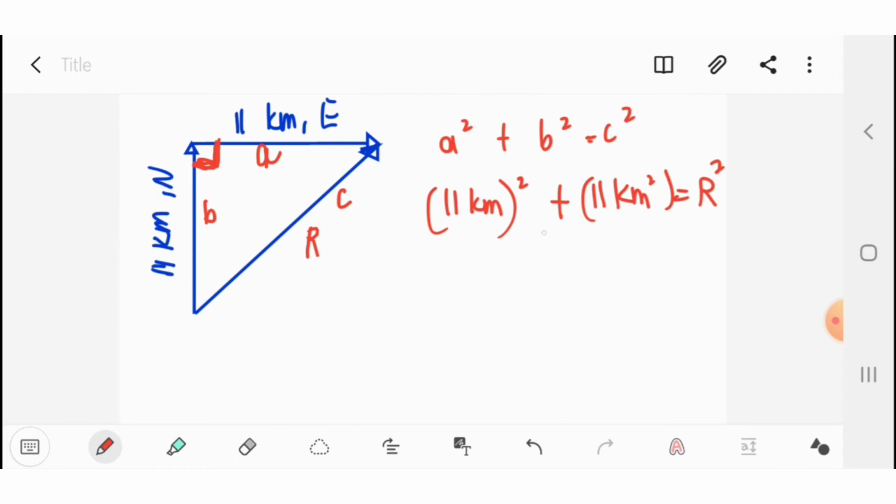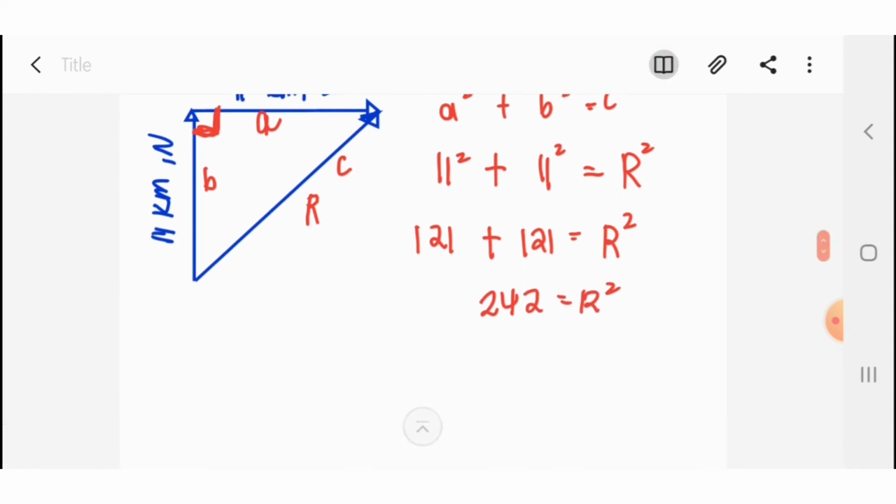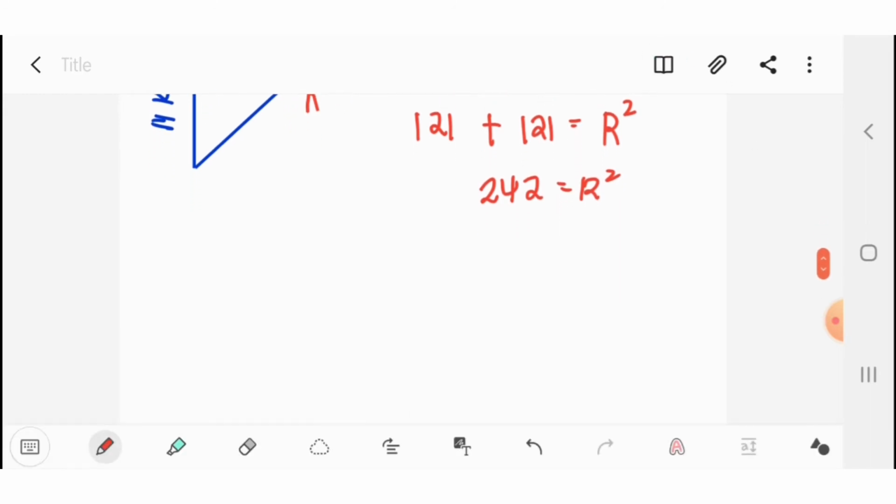What is 11 squared? That is 121, plus 11 squared, another 121, equals R squared. 121 plus 121 is 242, equals R squared. Now, to get the value of R, you need to get the square root.